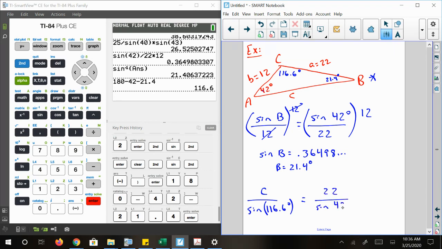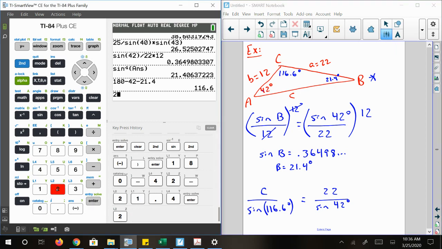And let's solve this. All I've got to do here is multiply both sides by the sine of 116.6. So let's do 22 divided by the sine of 42, times the sine of 116.6.